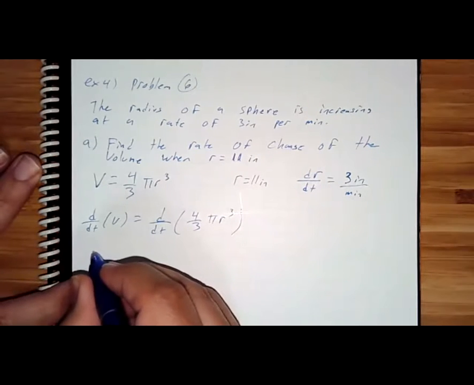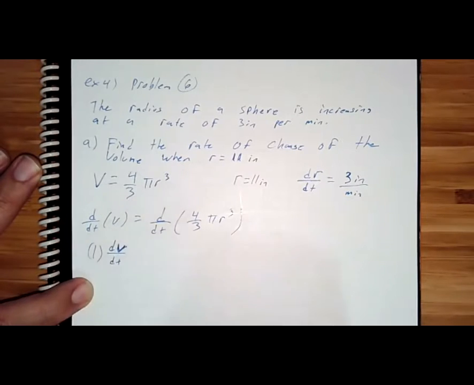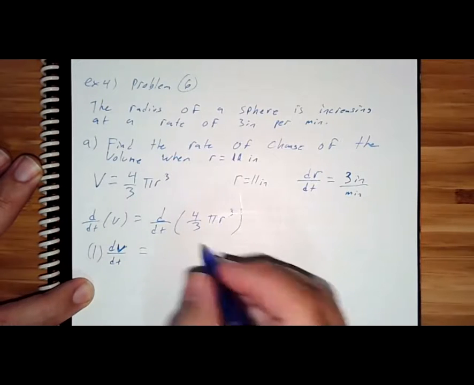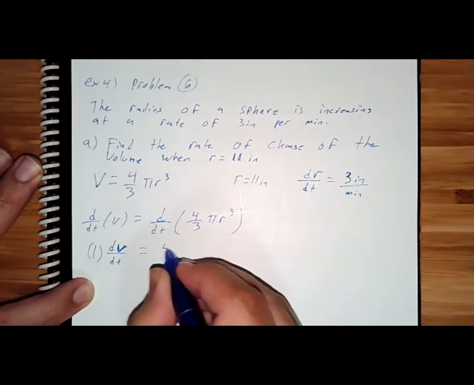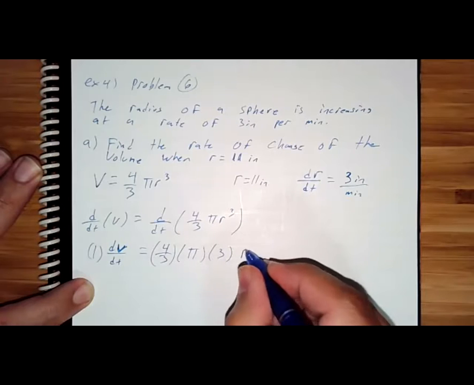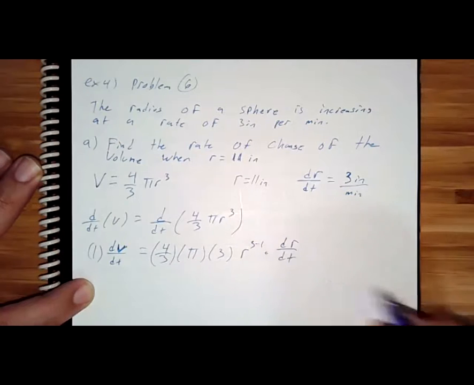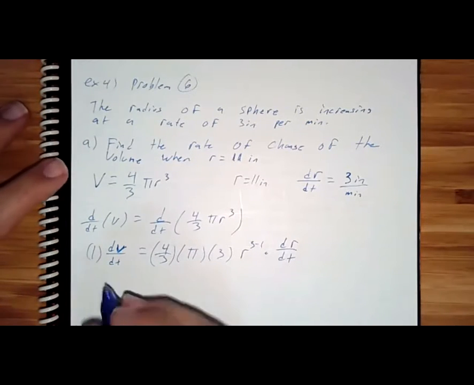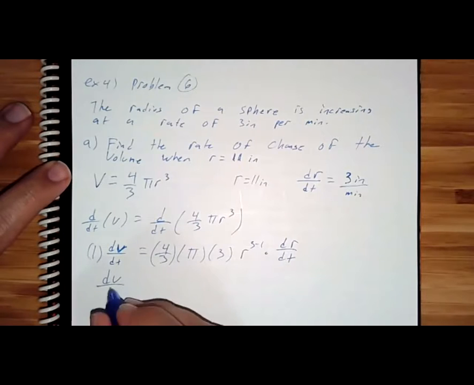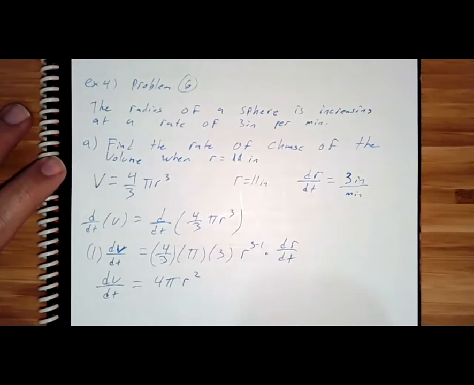This will be 1 times dV/dt equal to 4/3 times pi, bring down the 3 and subtract 1, times the rule for implicit differentiation. So dV/dt is equal to, these 3's will cancel, that gives me 4 pi r squared dr/dt.